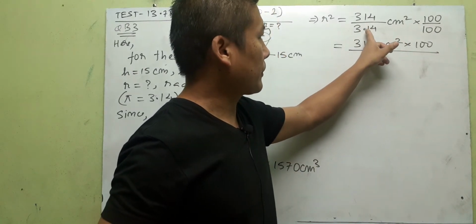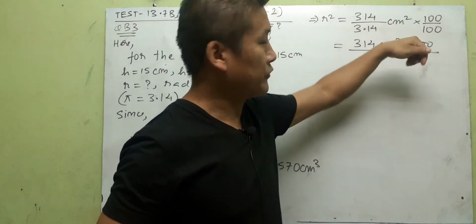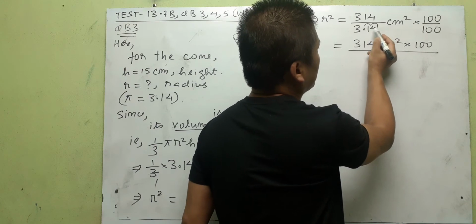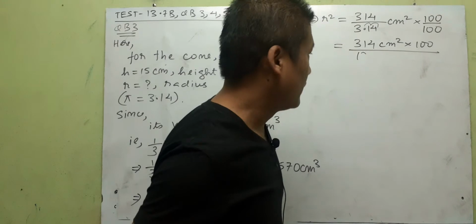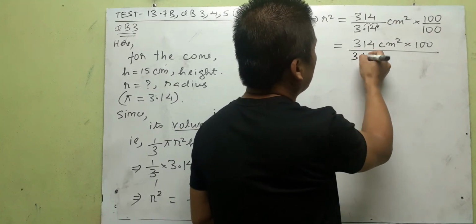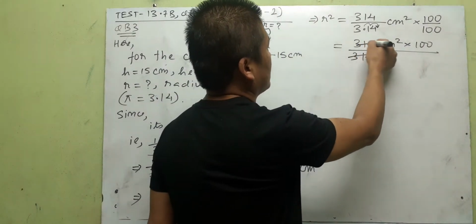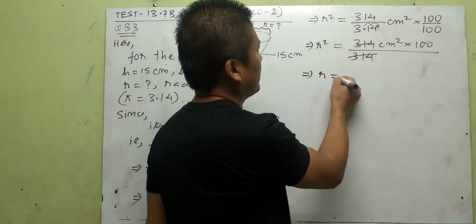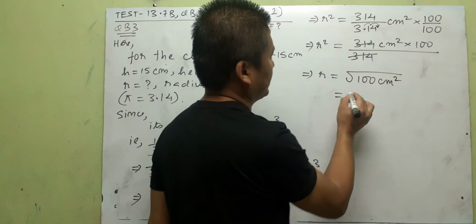We know that when a decimal is multiplied by 10s, the decimal will move to the right. Because there are 2 zeros, it will move 1, 2, and go to the right side of 4, and there will be no more. So right side of 4 means it will come here, that means 314 and no more decimal. That way we can just cancel off this one and this one. That implies r square, and r will therefore be root over 100 centimeter square.